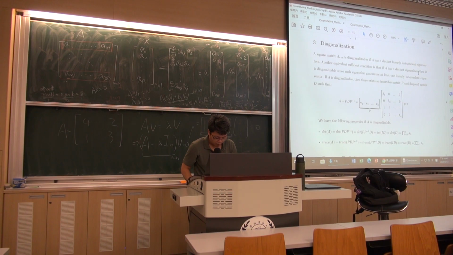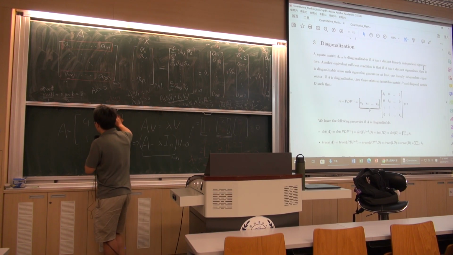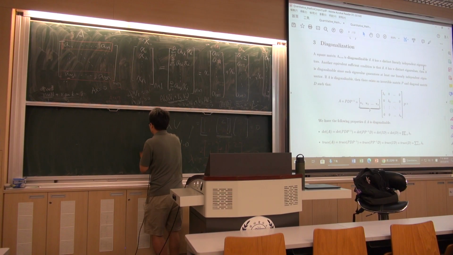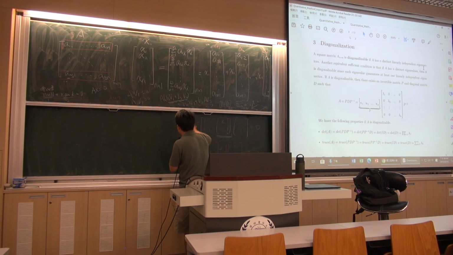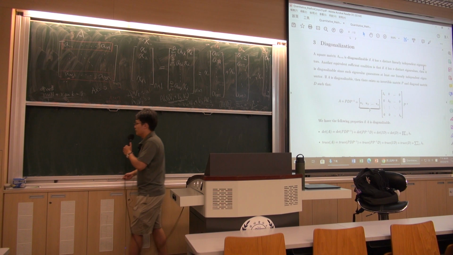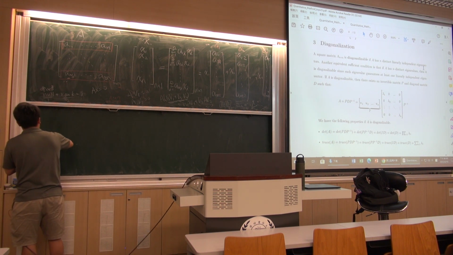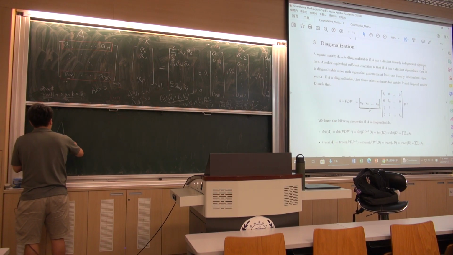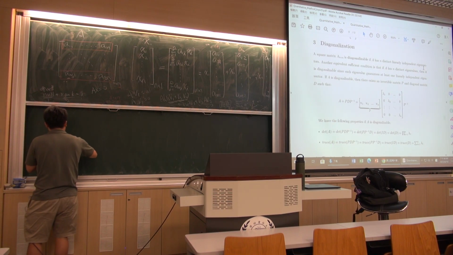So why is that? Suppose that we have any matrix A, n by n matrix, that has n linearly independent eigenvectors, and we put them together.